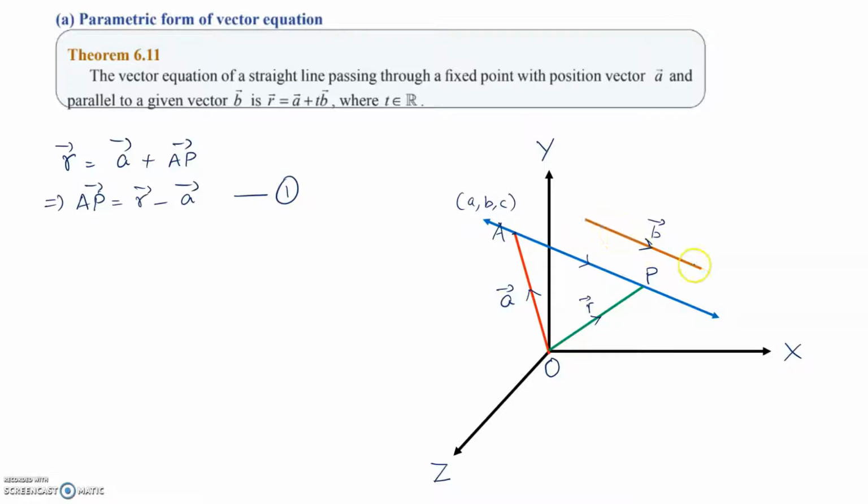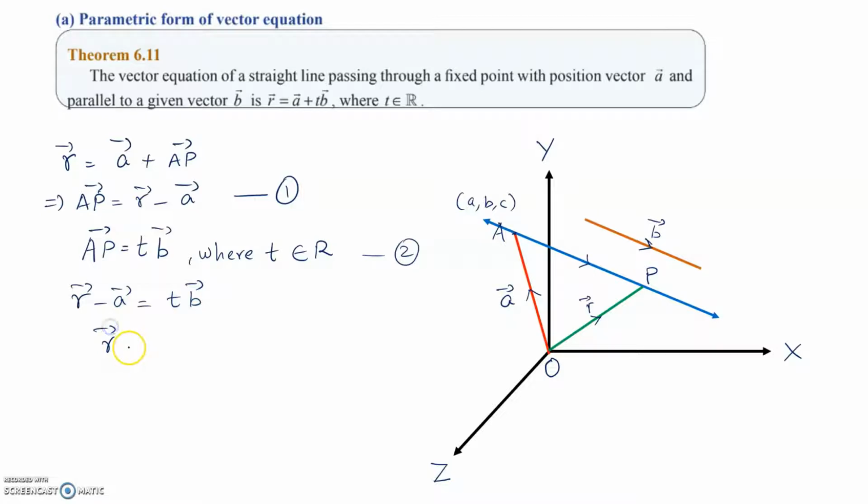Next, we're going to take this vector B and define AP in terms of B. Since AP is parallel to vector B, we do not know the exact length of AP, but vector B can be multiplied with a scalar t to give you the vector AP, where t belongs to R. Keeping this as our number 2 and equating these two, we get R minus A is equal to tB.